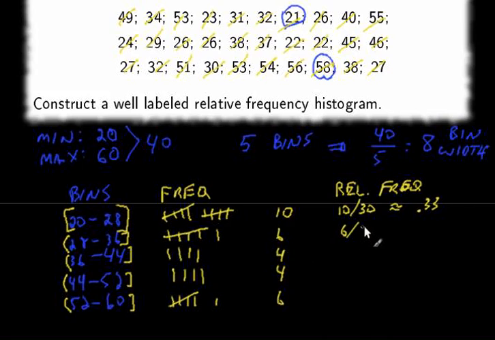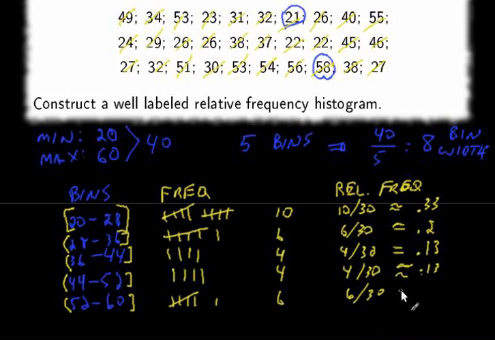The next one is 6 over 30, which is exactly equal to 0.2. 4 over 30 is approximately 0.13. 4 over 30 again is approximately 0.13. 6 over 30. So our relative frequencies look like this.